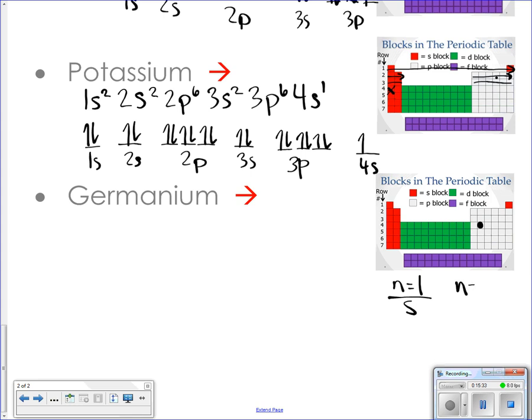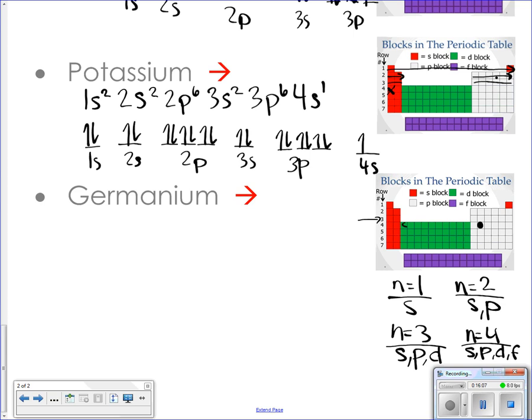In energy level 2, we have S and P. In energy level 3, we have S, P, and D. And in energy level 4, there's S, P, D, and F. Okay, but take a look at something. In the third energy level, there is no green. Do you see? In the third row, there is no green. So instead, we have to drop down a level.